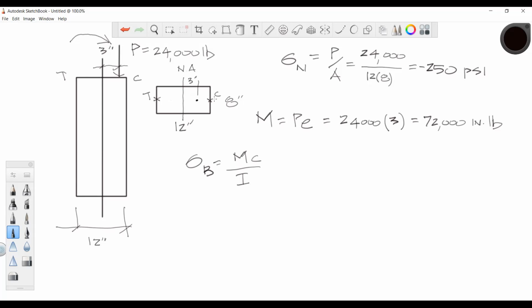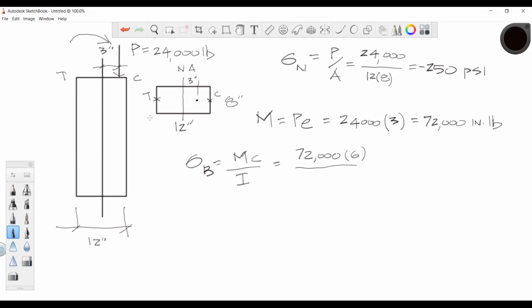It's 6, exactly 6, correct. So M is 72,000 inch-pounds times C, which is 6. What is I? Be careful on this. What would I be?